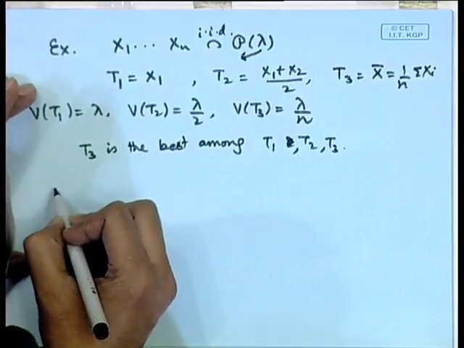Now, among the unbiased estimators, the one which has the smallest variance, we call it the minimum variance unbiased estimator.